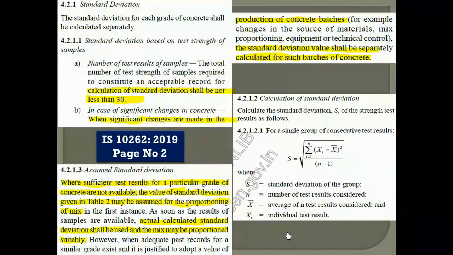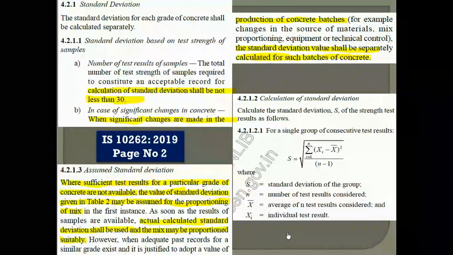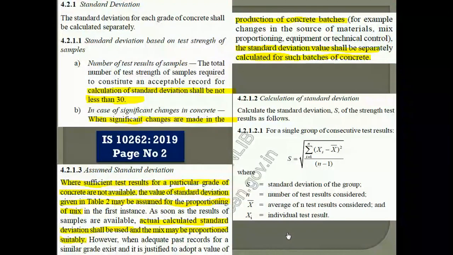So if you find any changes in the different batches, then we have to calculate the standard deviation for each batch separately. When there are no sufficient test results for a particular grade, then we have to use the assumed standard deviation, which is given in Table 2 of IS 10262. To find the standard deviation, we have a formula here.